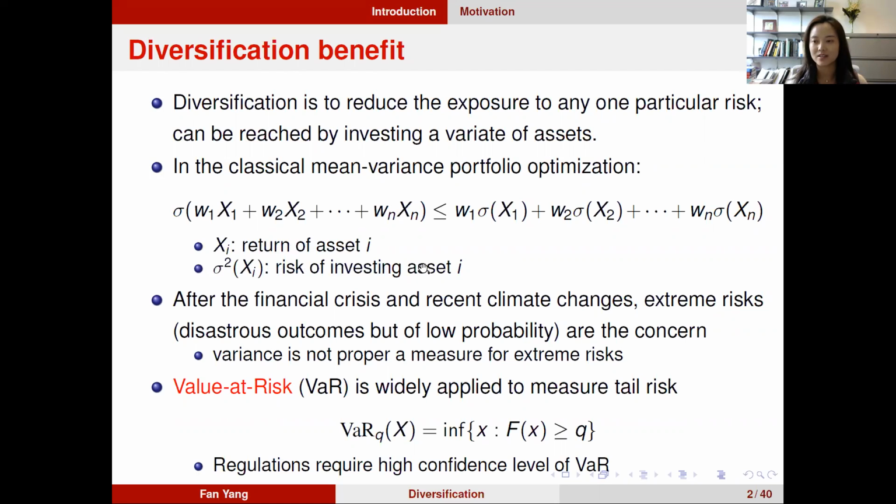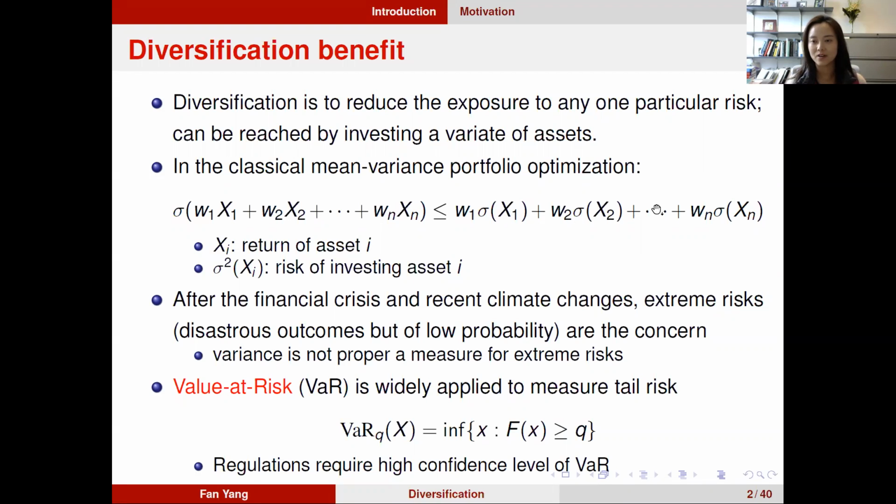The standard deviation of the portfolio, where the w_i are the weights you invest in each asset, and the summation is the total risk of the portfolio, is on the left-hand side.